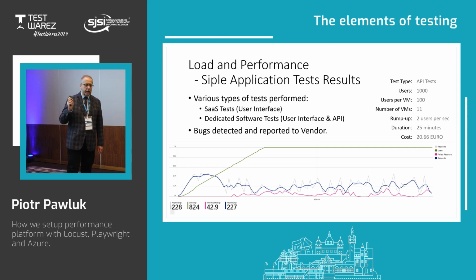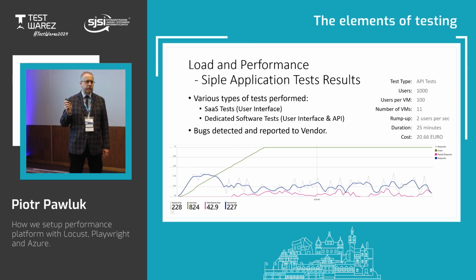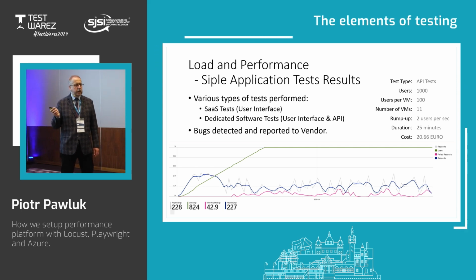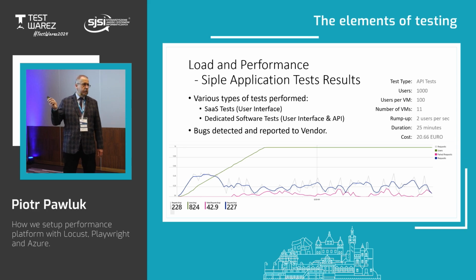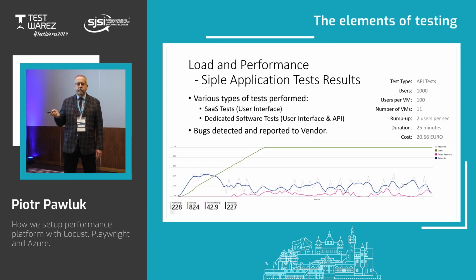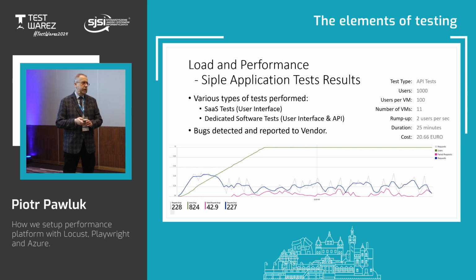So in this case, it was a third-party application, out of the box, so it was not developed by us. We wanted just to verify it. So we haven't done this exercise. However, even with this simple thing, we have found some problems which could be fixed. And yeah, the application was very heavy, and in fact it could be optimized.